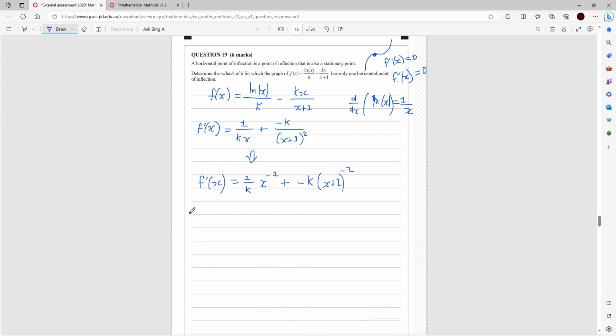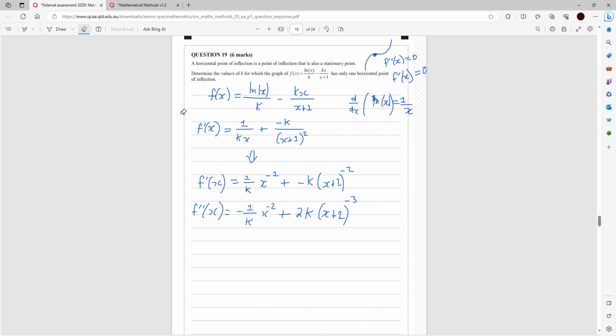So if I differentiate this here, I bring that power down the front, so I have negative 1 on k, x to the power minus 2. Same here, so I'll have plus, and they'll cancel, so it'll be 2k, x plus 1 to the minus 3, multiplied by the differential of this, which is just 1, so I can just leave it like that.